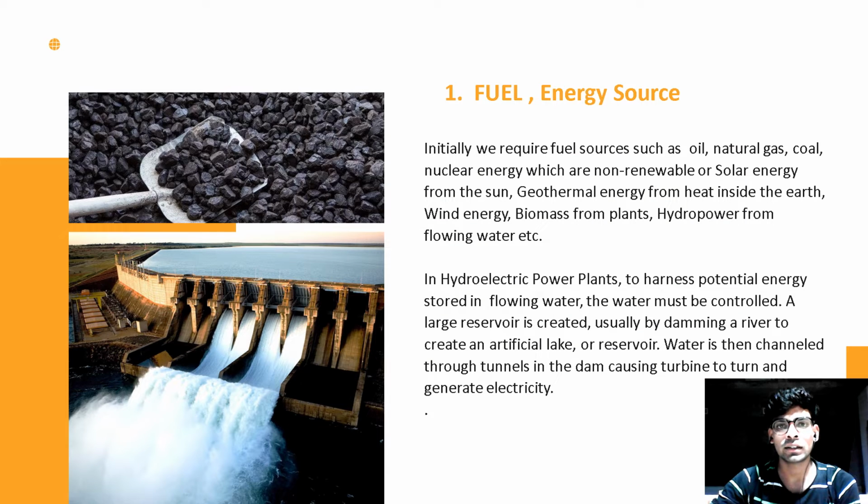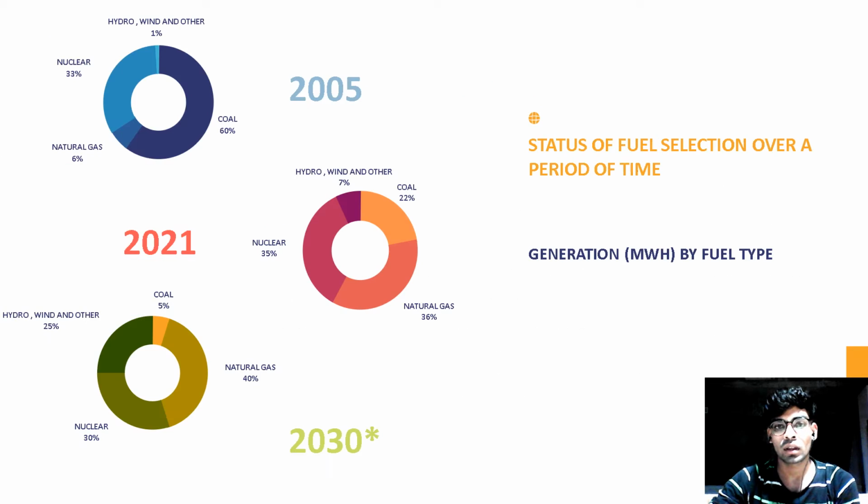As I said earlier, different types of power plants require different kinds of primary energy sources as fuel. Hydroelectric power plants harness potential energy stored in reservoirs, water, created by damming a water channel. Here is the status of fuel selection over a period of time.